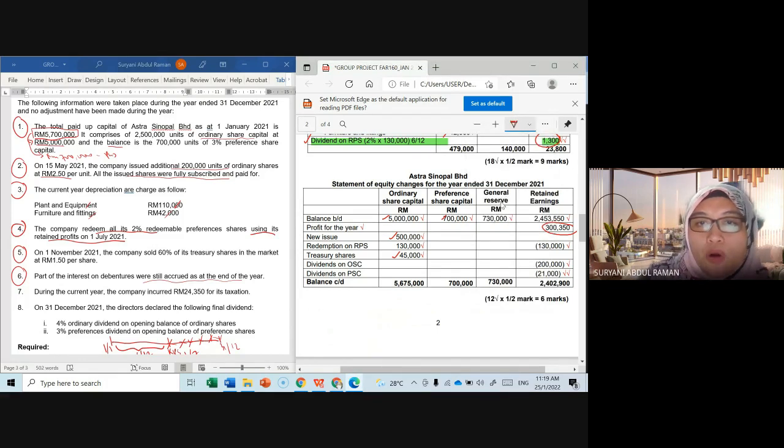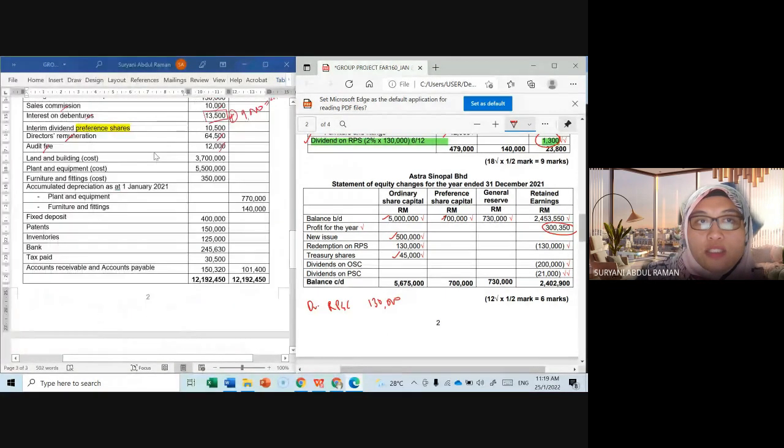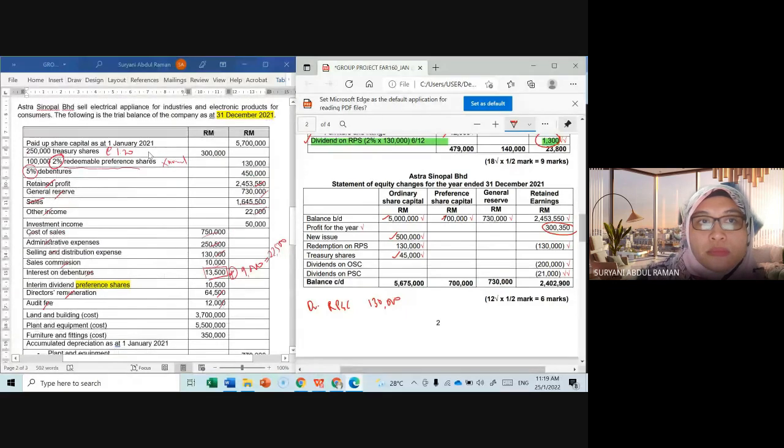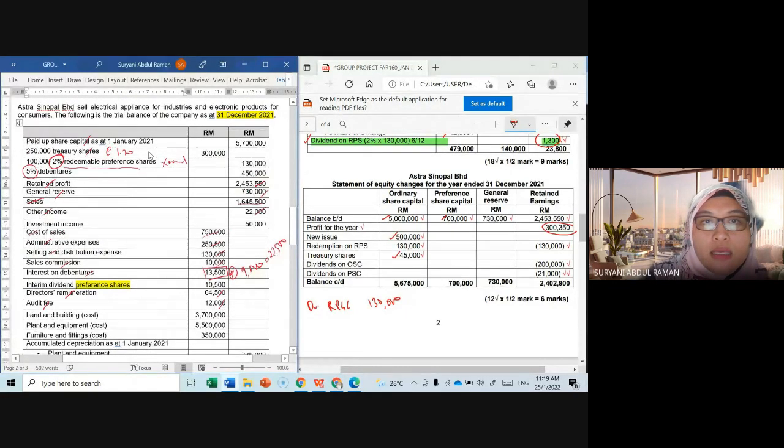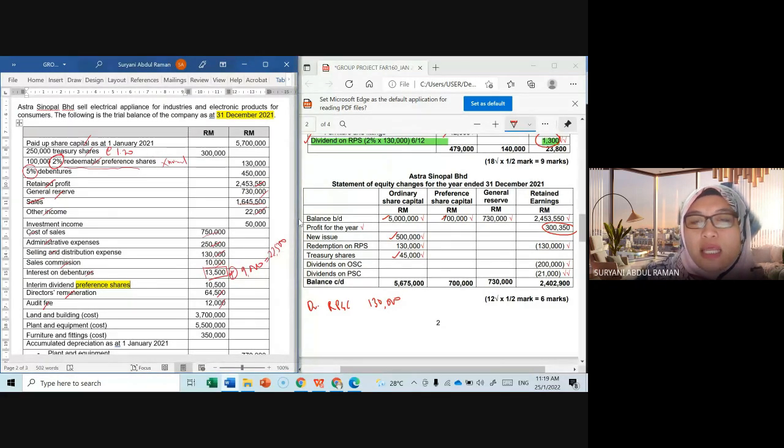Once you redeem all, you akan debit what? RPSC, betul? RPSC berapa? 130,000. Kan? Look at your question. This is your RPSC. You nak redeem all. RM130,000 ni nak bayar semua. Debit RPSC, credit what? Credit RPS.